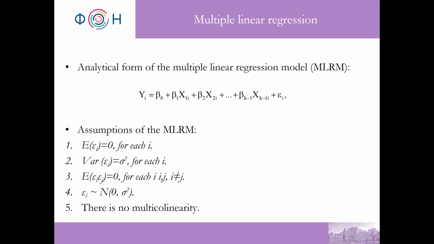So multicollinearity is a specific problem which occurs only in multiple linear regression. And multicollinearity is in fact a particular situation when there is a strong correlation between our independent variables.